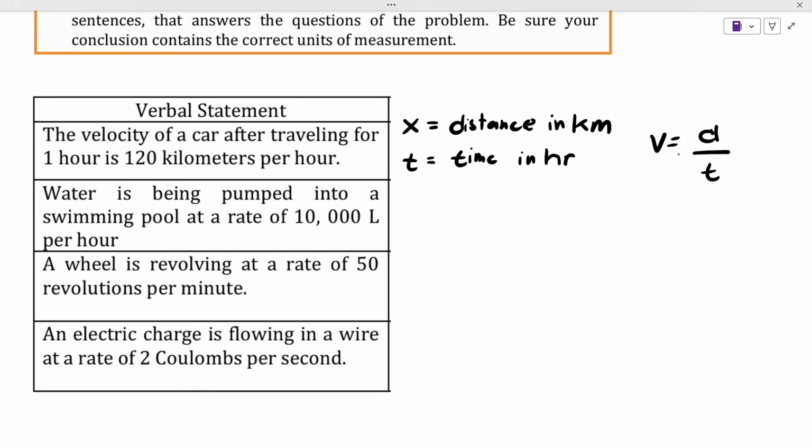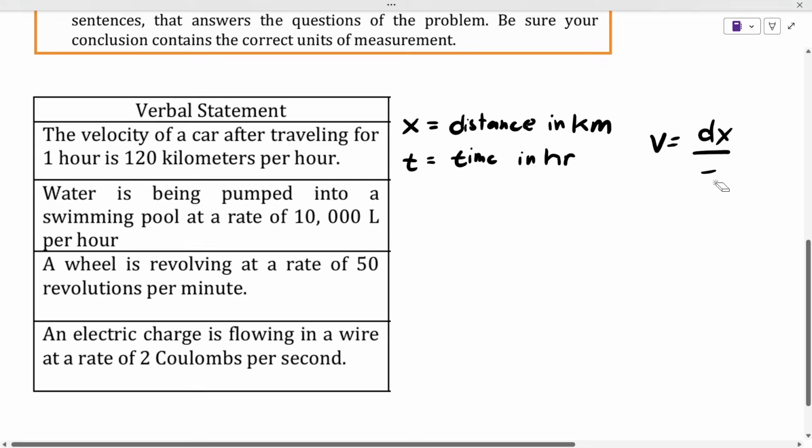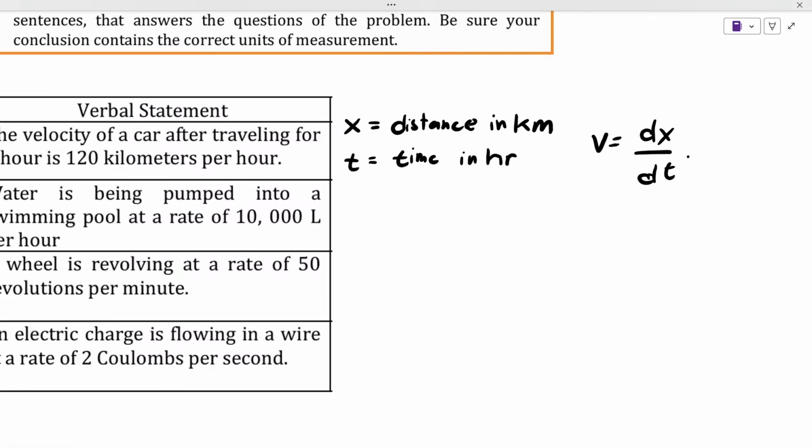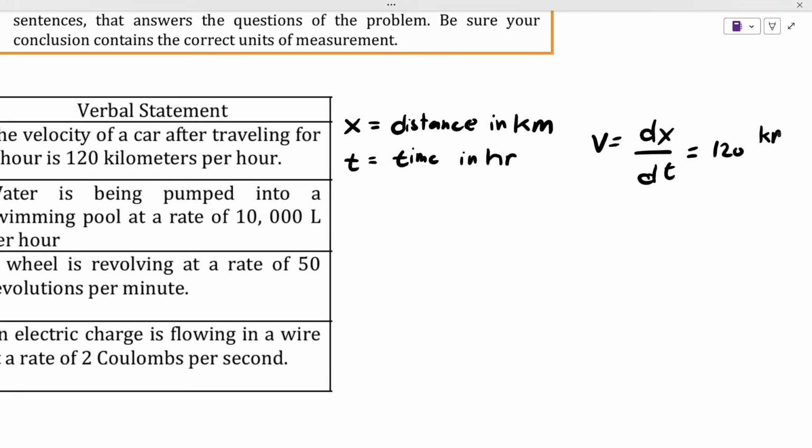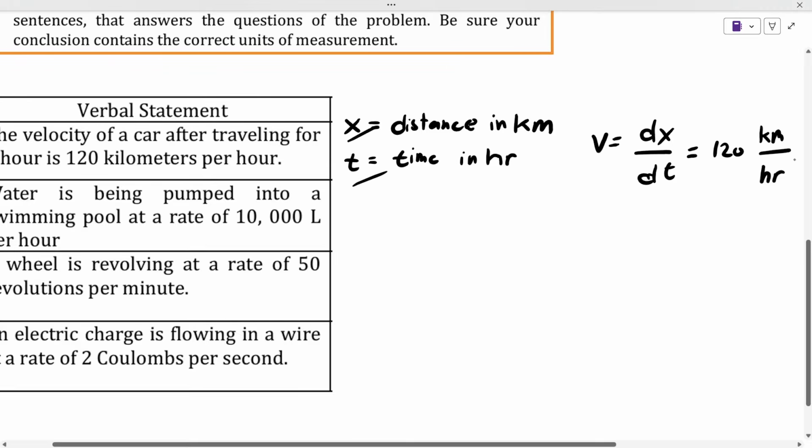Since we're referring to the changes of distance, the change of distance over change in time, it should be dx over dt. And this velocity is equal to 120 kilometers per hour.